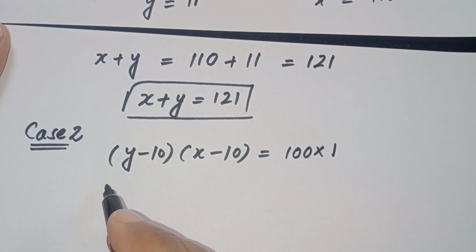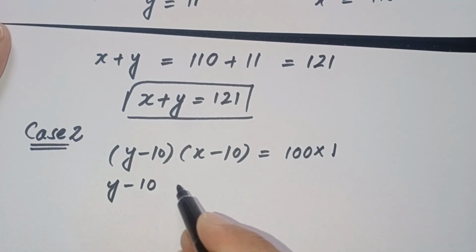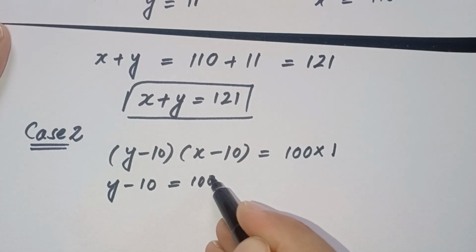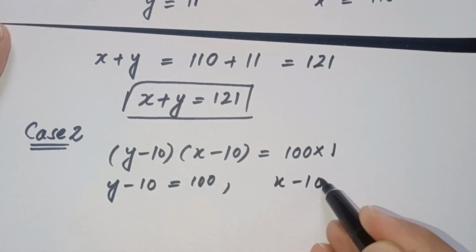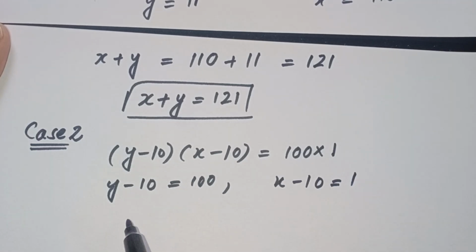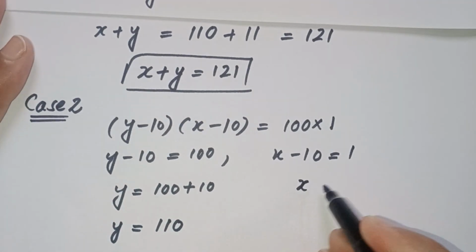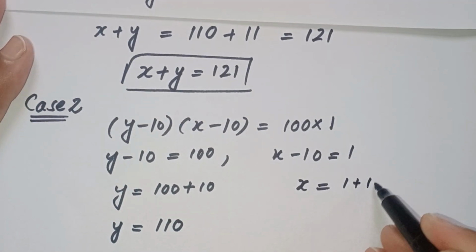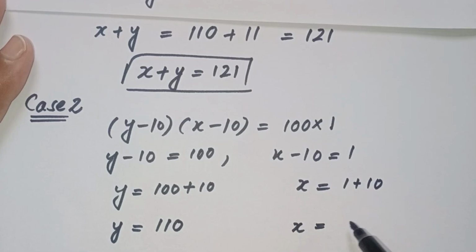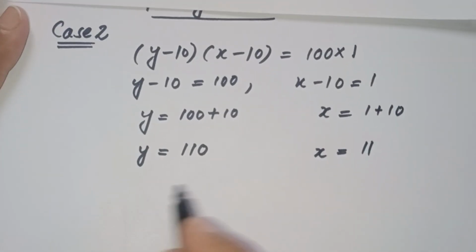Here we have y minus 10 is equal to 100 and x minus 10 is equal to 1. From here we have y is equal to 100 plus 10. y is equal to 110, and here we have x is equal to 1 plus 10. So it gives us x is equal to 11.